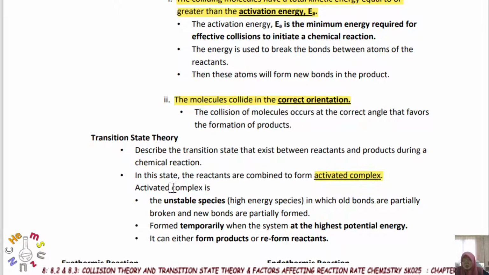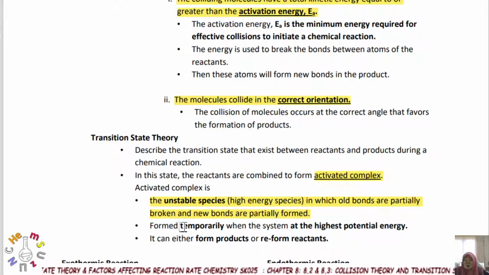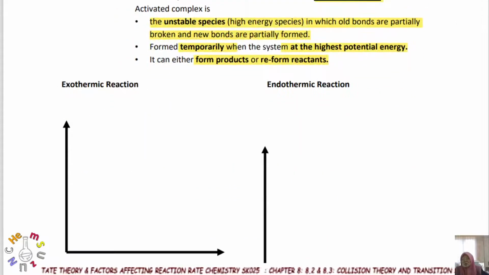But what is a activated complex? Activated complex tu it is an unstable species, high energy species with all the bond are partially break and a new bond are partially formed. Okay, but they form temporary and at the highest potential energy and can be either product or reform of the reactant.